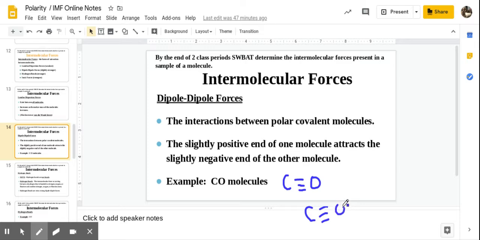Okay. And we talked about in the last video, we know that oxygen is going to be slightly negative, and carbon is slightly positive.